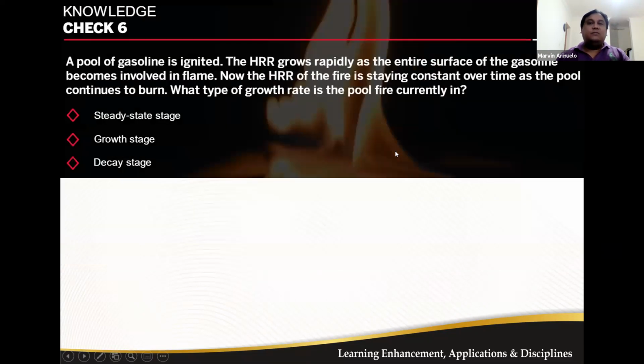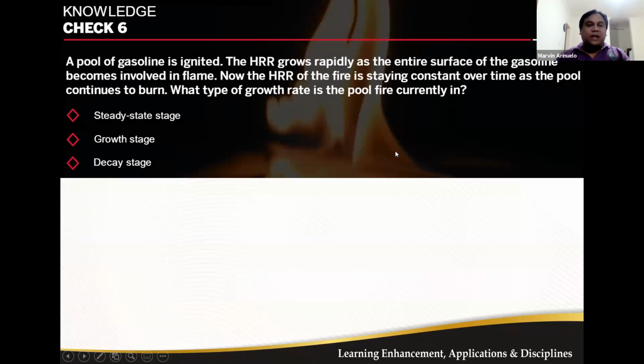Okay, another question. A pool of gasoline is ignited. The heat release rate grows rapidly as the entire surface of the gasoline becomes involved in the flame. Now, the HRR of the fire is staying constant over time as the pool continues to burn.